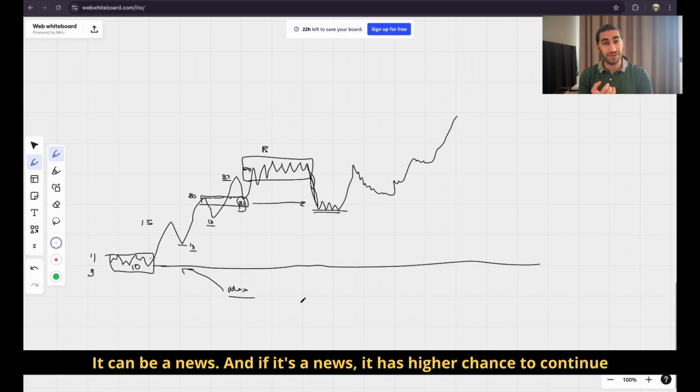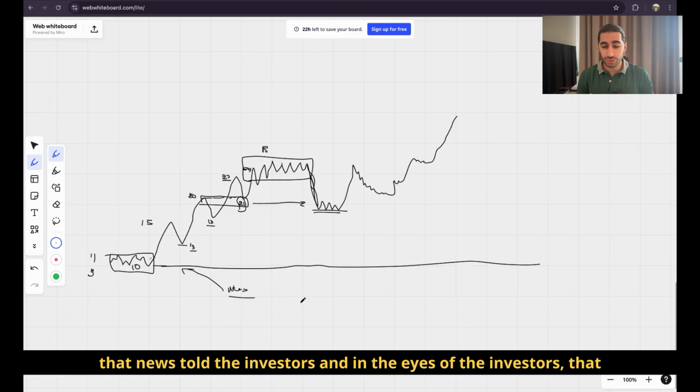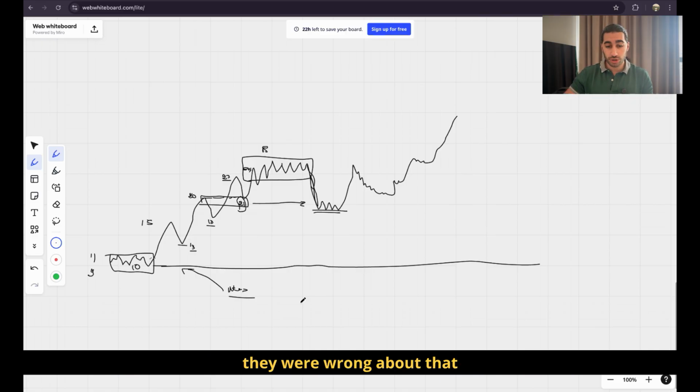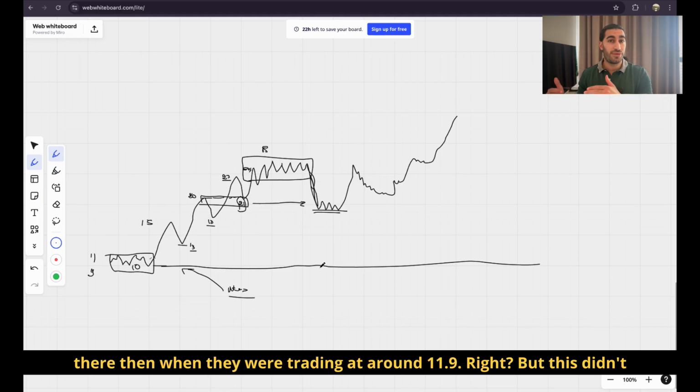It can be news, and if it's news, it has a higher chance to continue going down, because maybe that news told the investors that they were wrong about that consensus price, about that fair value, and the fair value is actually the one that was there when they were trading at around 11.9, right?